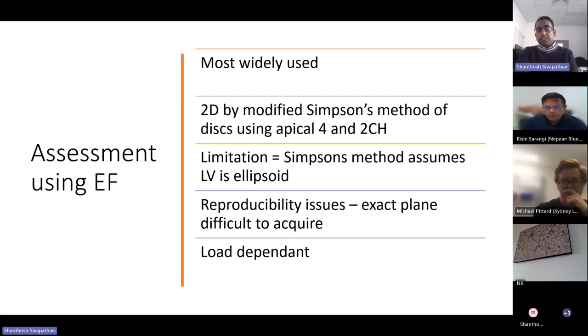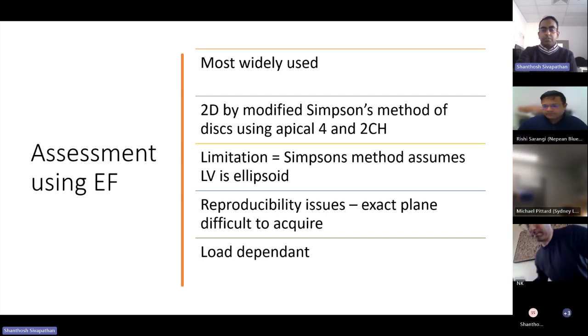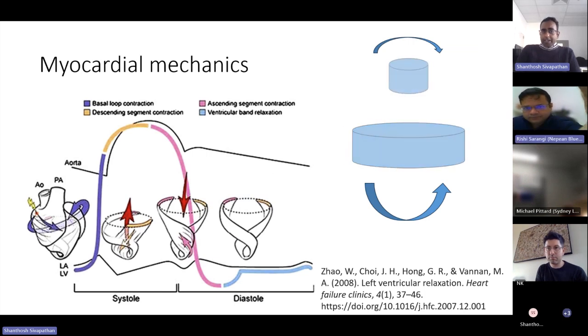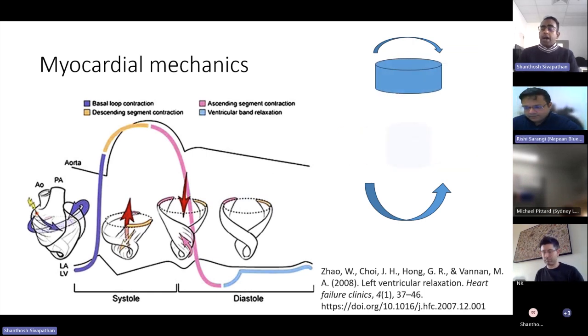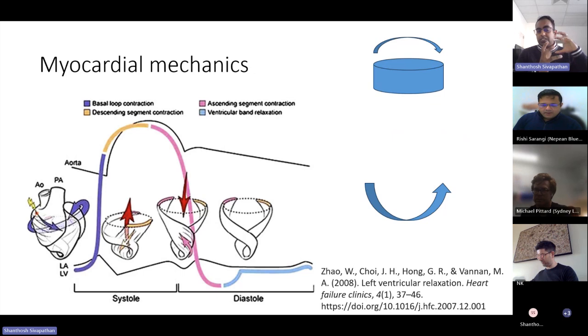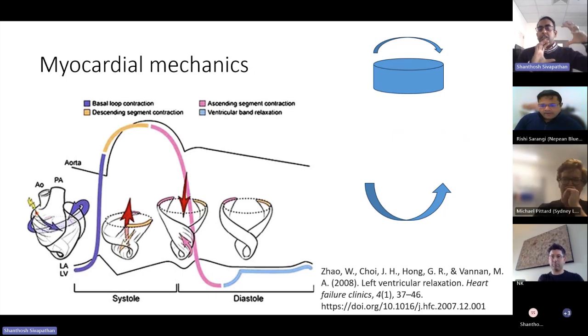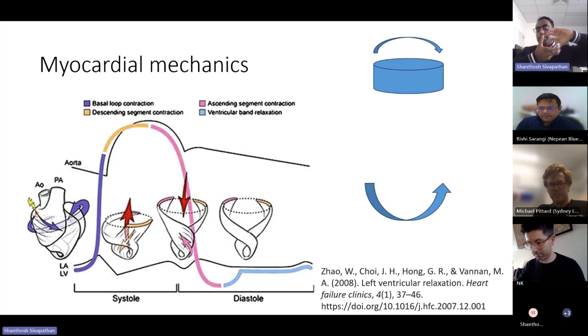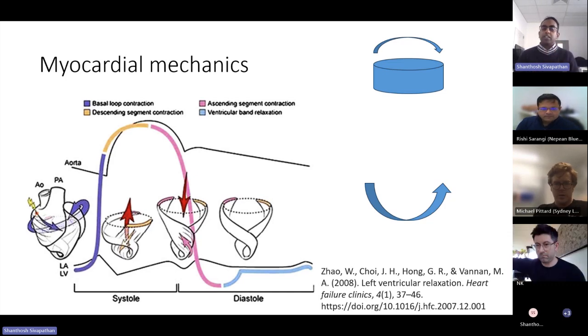And again, it is load dependent. So high afterload will affect your ejection fraction, and that's one of the limitations of EF assessments of LV systolic function. The myocardial mechanics: the heart really has a twisting torsion, and it does this in a clockwise and counterclockwise twisting both in systole and diastole.